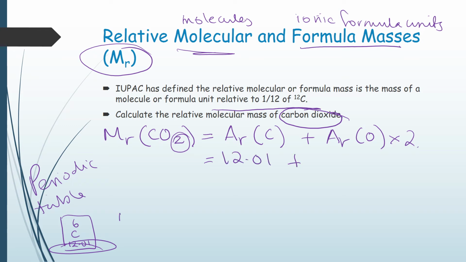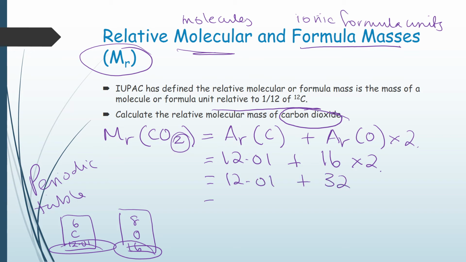Add oxygen, which is 8 oxygen 16, so has a relative mass of 16 times 2. So 12.01 add 32 comes out to 44.01. Remember, there are no units because this is a comparative value.